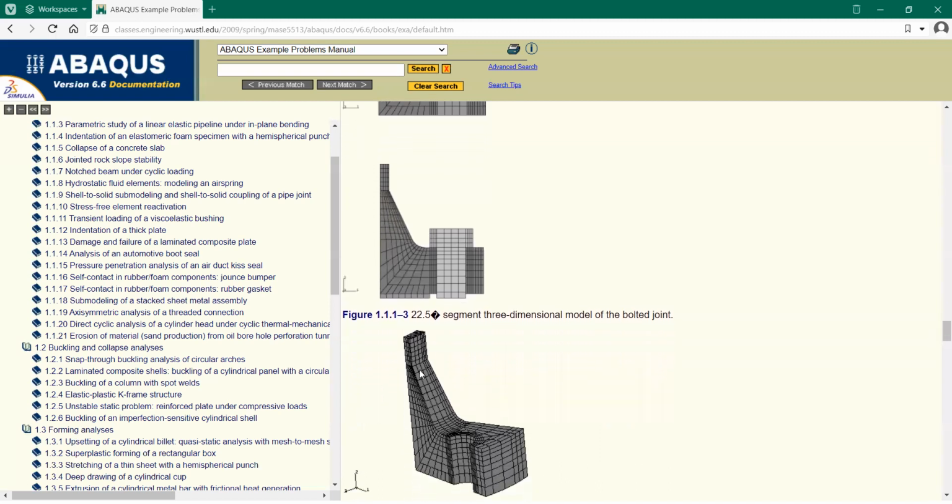So what you see here is 22.5 degrees, and they have divided this segment into two, and from two they have split using multiple nodes. They have brought in here and they have captured the fillet as well.